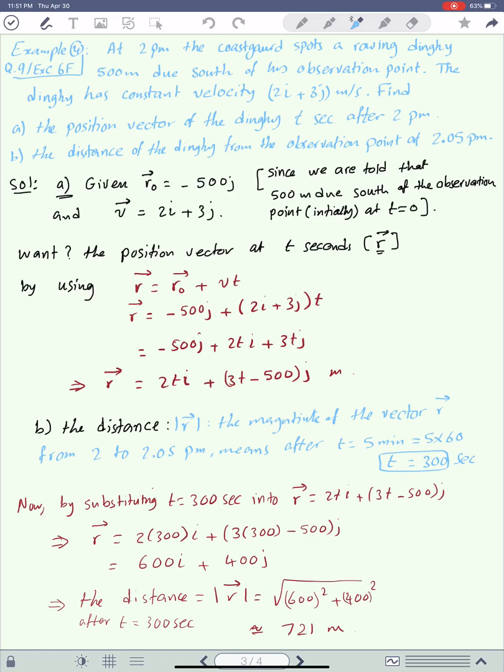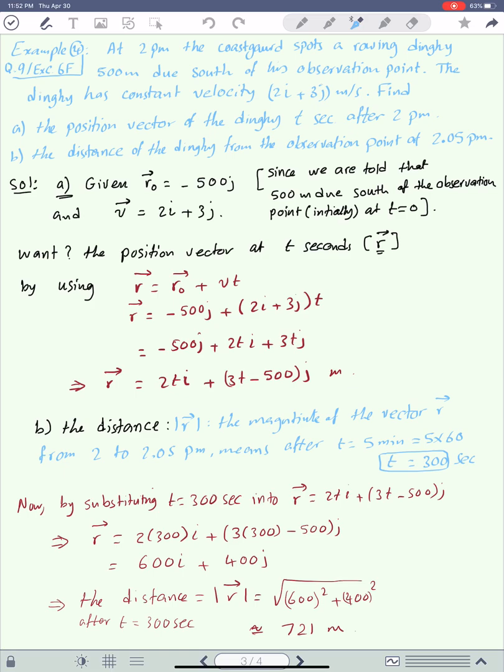Rowing dinghy, like a small boat, the one that floats on the water. The dinghy has constant velocity 2i plus 3j meters per second.